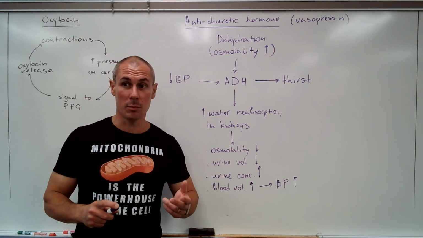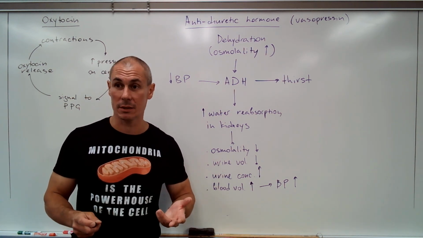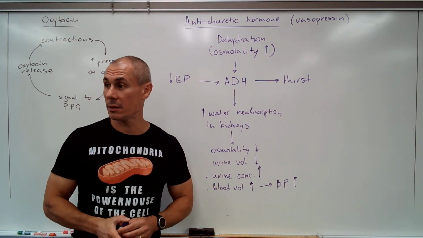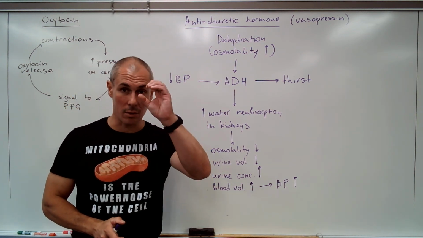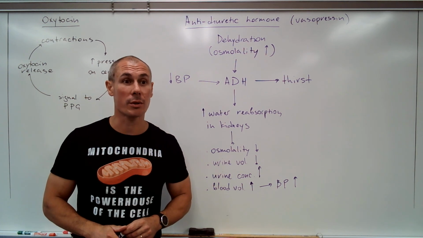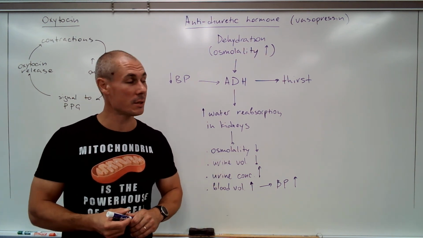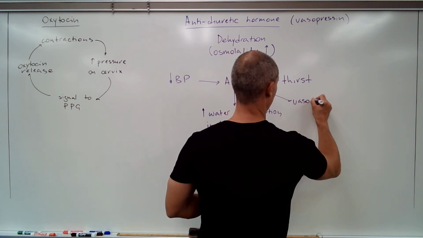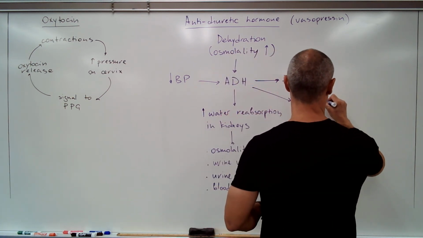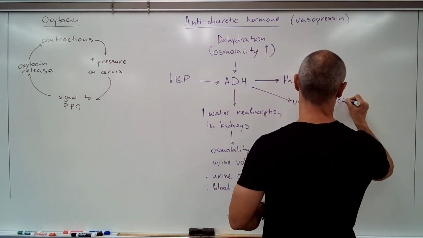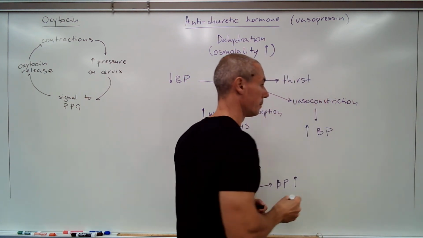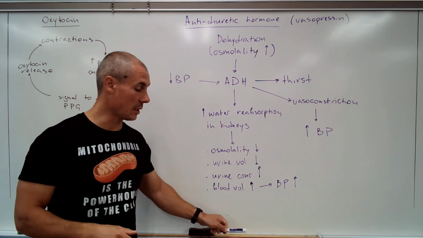So if you look at the name, vasopressin, compression of the blood vessels, right? So it makes blood vessels narrower. When your blood vessels become uniformly narrower, what happens to your blood pressure? Increases. So ADH also results in vasoconstriction, which increases blood pressure. Does that make sense?